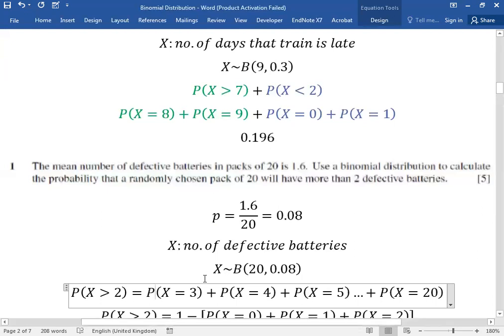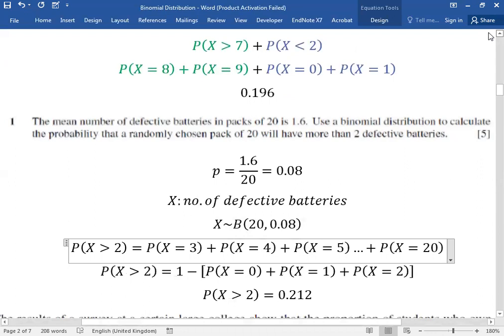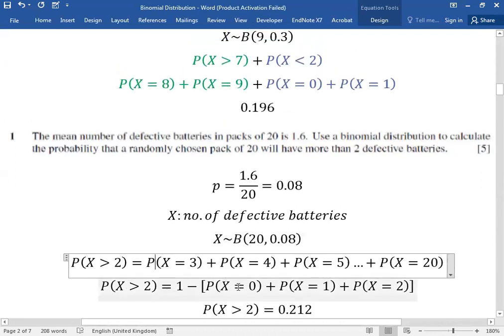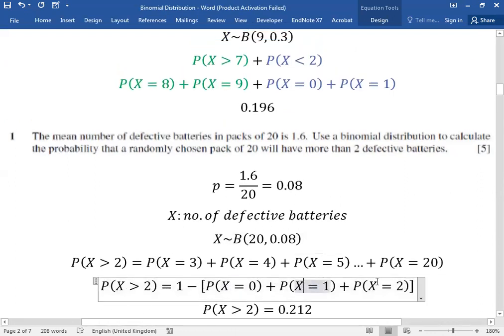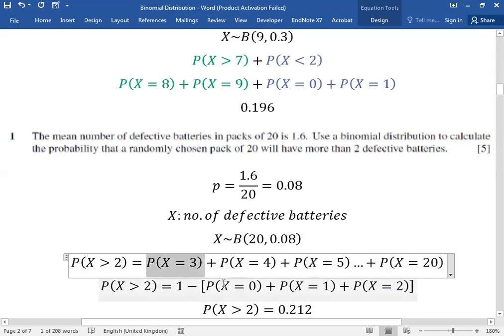If we added those three as well, the total probability would have been 1. So from 1, we can subtract the probability of the values we don't want to consider. That is the smarter way. So in such questions, from 1 we'll subtract the probability of X being 0 or X being 1 or X being 2, and we will find an answer rather than applying the binomial so many times. Is this clear?